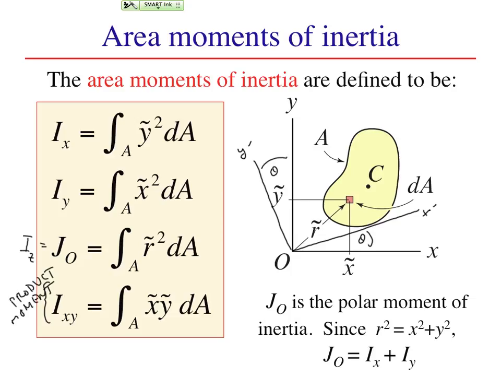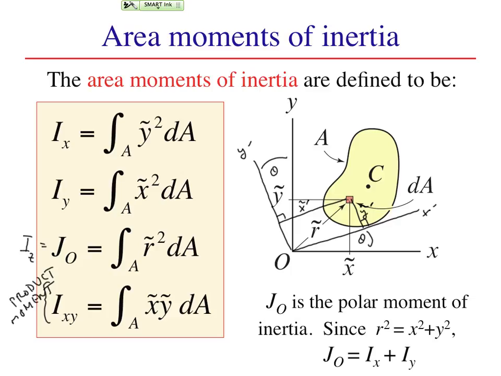If we're considering the differential element in this figure, these now become the distances x tilde prime and y tilde prime, which are different than x tilde and y tilde in the original coordinate system. So a coordinate system rotated through an arbitrary angle theta compared to some reference system would give rise to very different values of area moments.